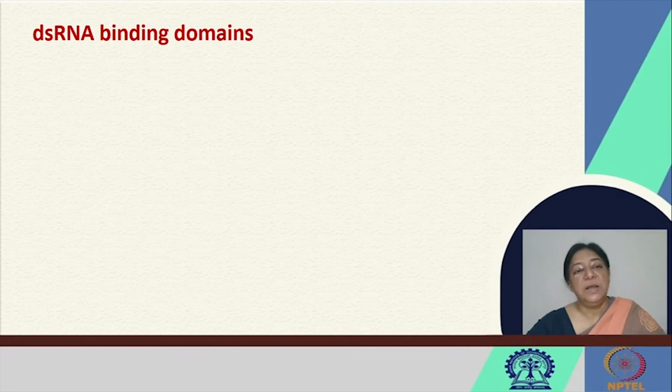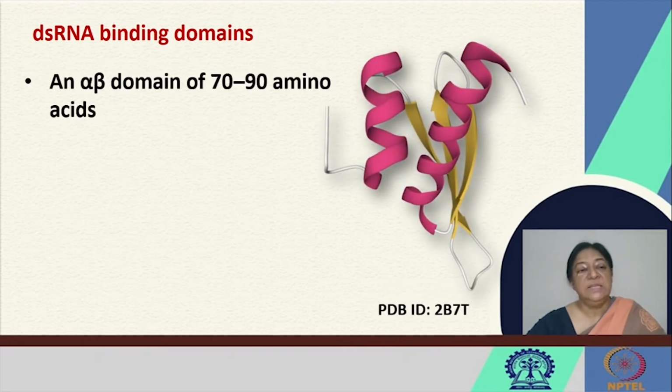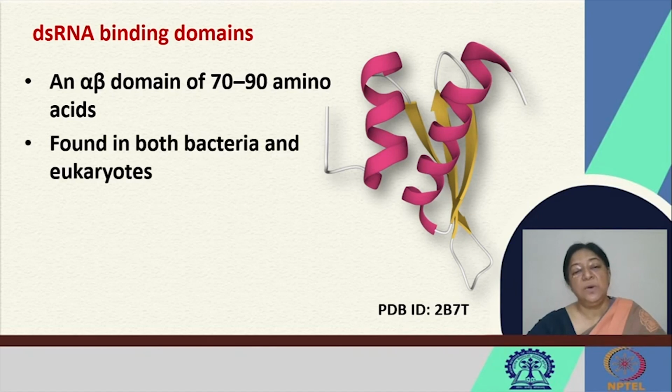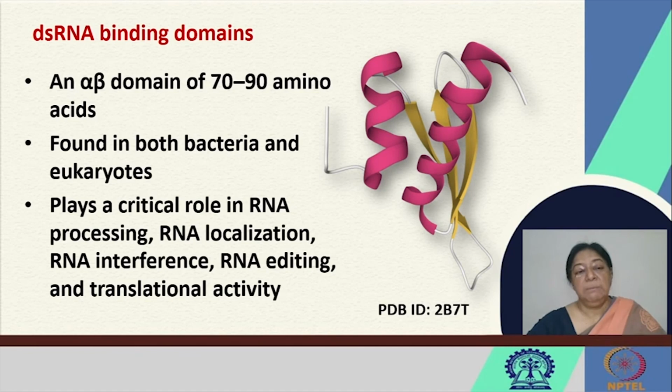The double-stranded RNA binding domains have a specific motif. This is an alpha-beta domain of around 70 to 90 amino acids, and this is found in both bacteria and eukaryotes. This plays a critical role in RNA processing, RNA localization, RNA interference, RNA editing, and translation activity.